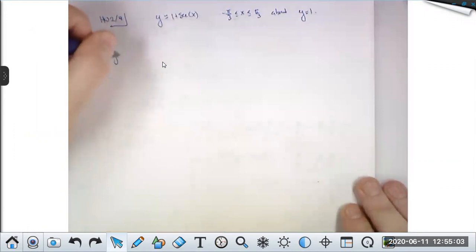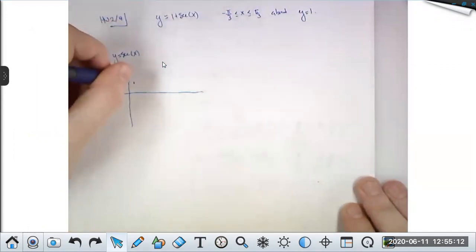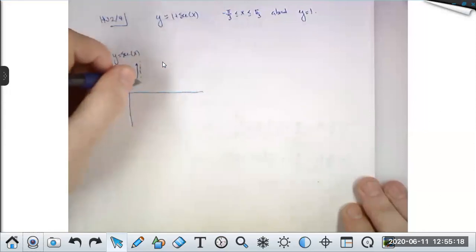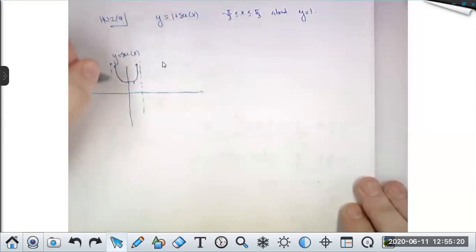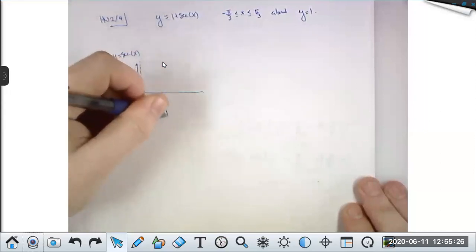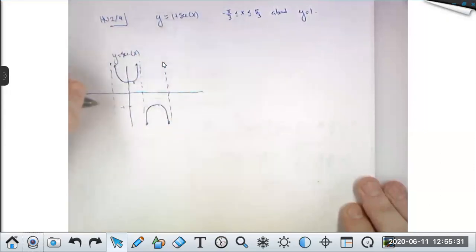Remember, y equals the known function. It looks like this.